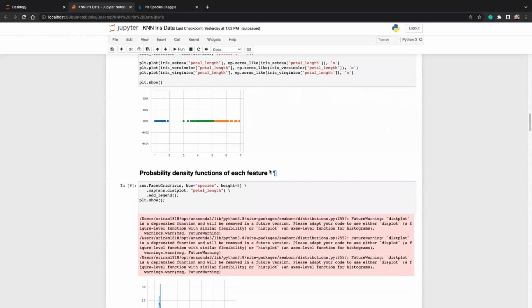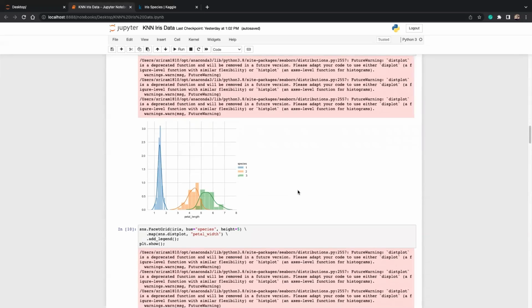As it is, we don't get the actual representation of the densities from the histograms, so we have performed probability density functions on each feature. See in the coming slides.